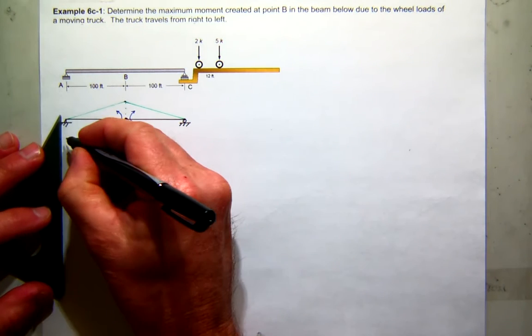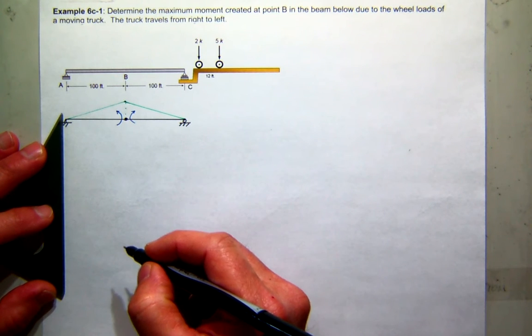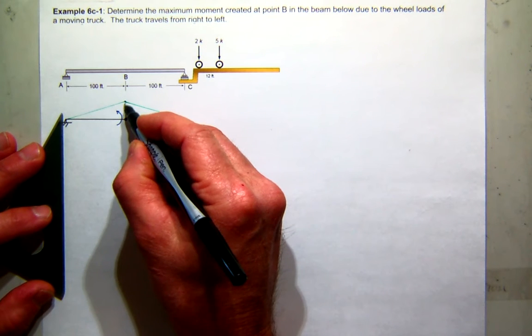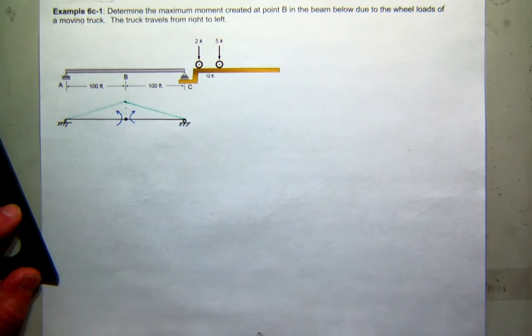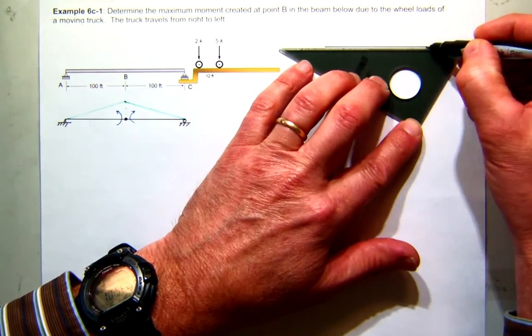So now if I draw my influence line, I just need to know the moment at B when the unit load is where? At B. So if I come over here and redraw that structure, it'll look something like this.